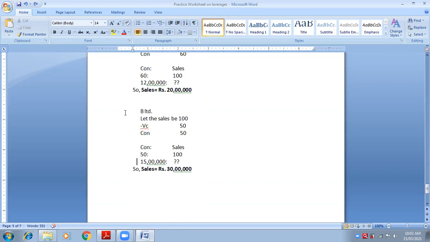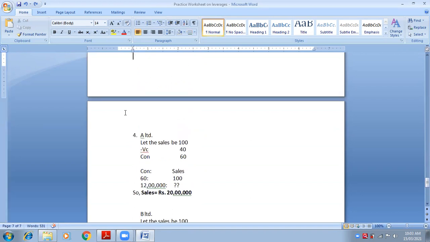So with the help of the actual value of contribution, we can find out sales by taking the ratio of contribution to sales. Is it clear now, everything?